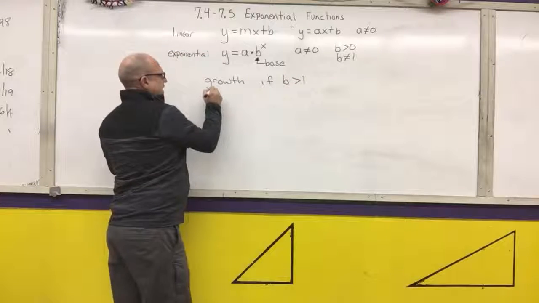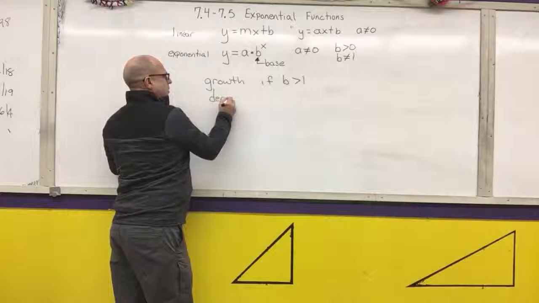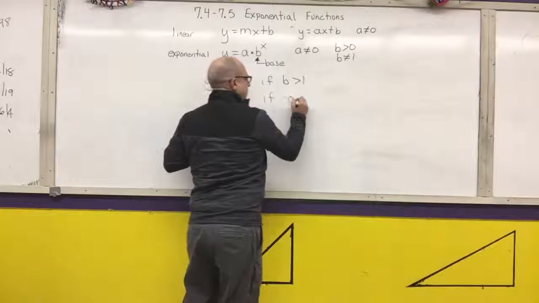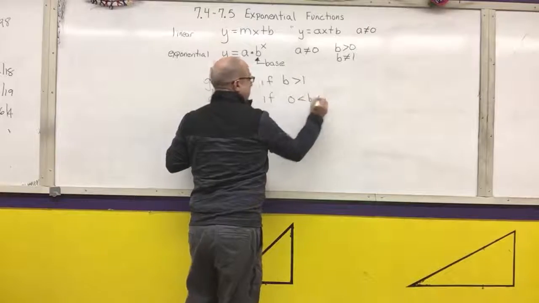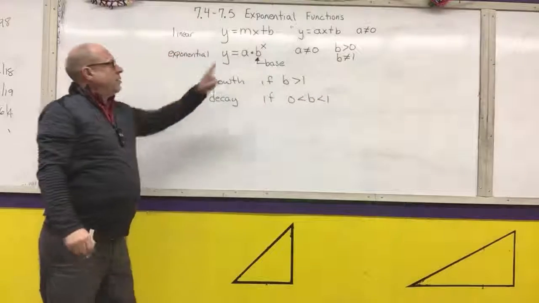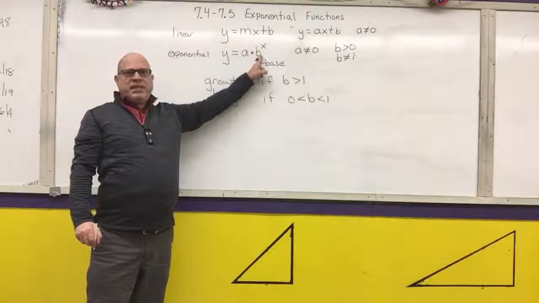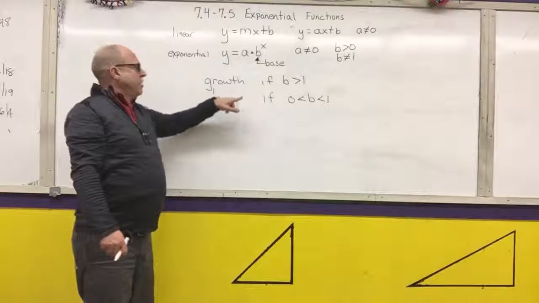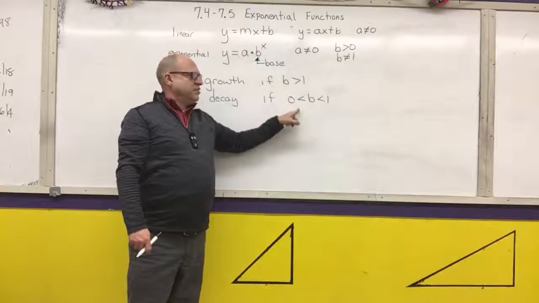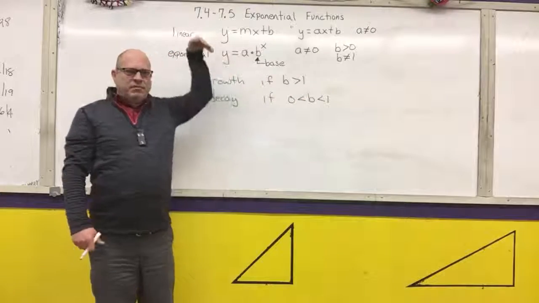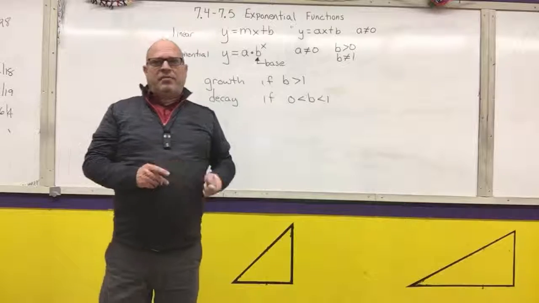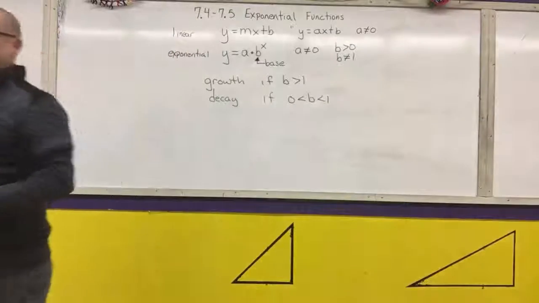It is called a decay function if 0 is less than b, which is less than 1. So if this number is more than 1, it's going to be a growth function, which means it's going to grow over time. And if the base is between 0 and 1, it's a decay function, which means it's going down over time. And we're going to see how to graph these in a little bit.